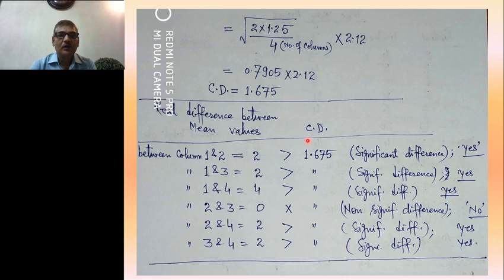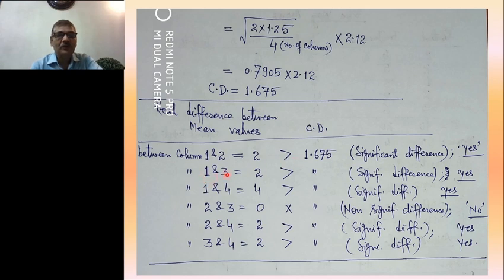So what we do, we write this CD value here, 1.675, and we see the columns like column 1 and column 2. The mean values of these two columns are 2 and 4. So the difference between 2 and 4 is 2, and this critical value is less than this 2. So when this real difference is more than the critical difference, then we say that significant difference really exists. So yes, there is a difference between 2 and 4.